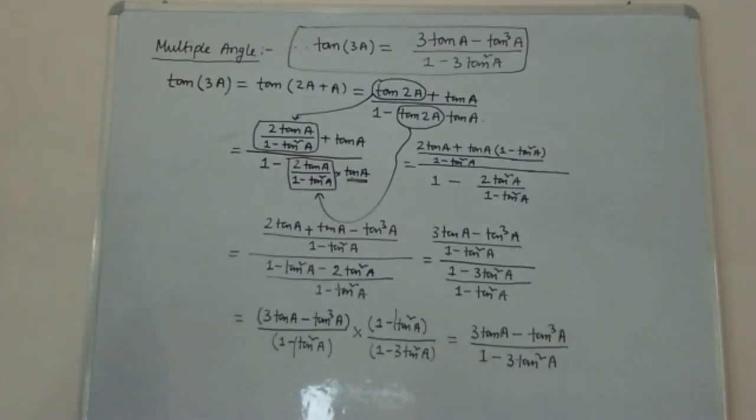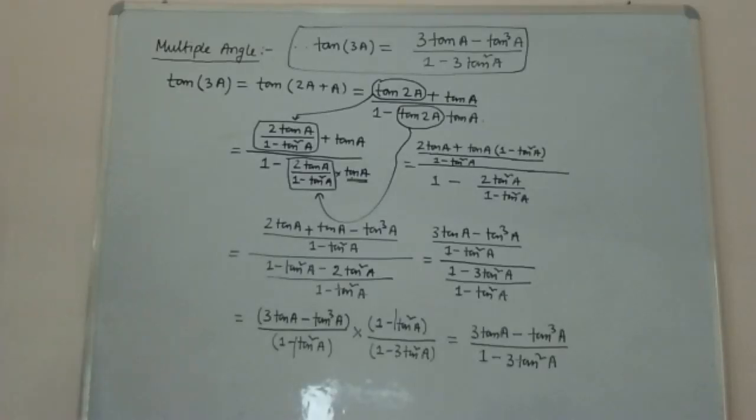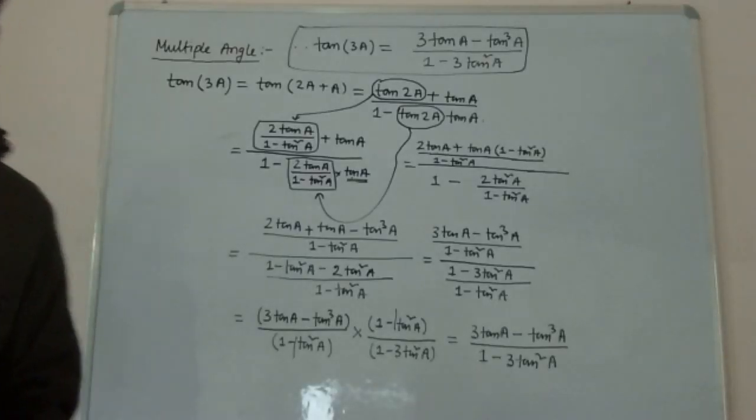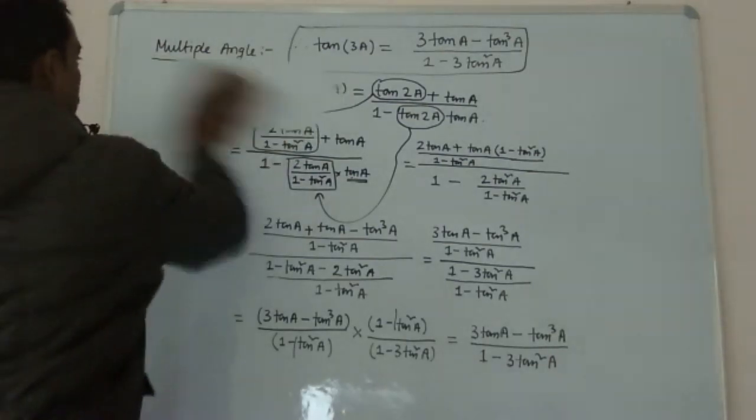For multiplier 2, there were 7 formulas. For multiplier 3, there are 3 formulas. 7 plus 3 is 10. Now we should write down all these 10 formulas at a glance, so that you can remember them. You have to remember this one. Shall I remove it? Yes, sir.